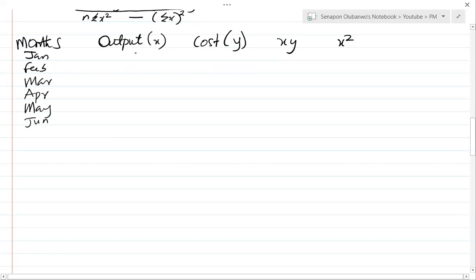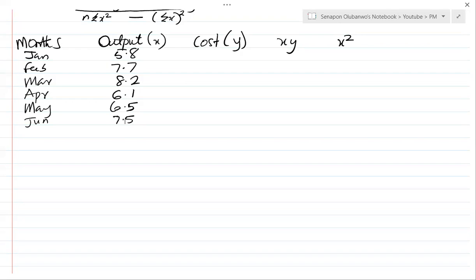Our output is 5.8, 7.7, 8.2, 6.1, 6.5, 6.5, 7.5.